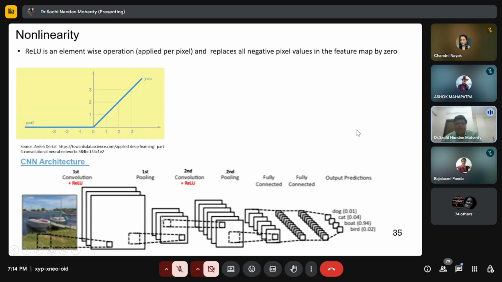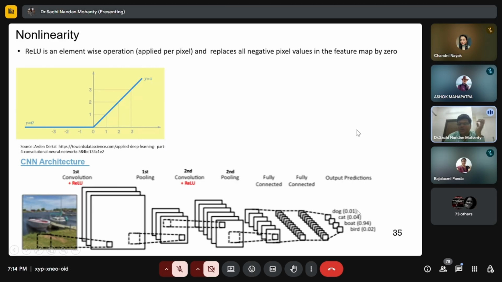Then finally, you apply the first pooling. I'll tell you what pooling is. Pooling is nothing but retrieving more information from the receptive field. And in the second convolution, you can put n number of convolutions. That depends upon how many convolution layers you define. If the number of convolution layers is more, the computational complexity will be high. And then the fully connected neural network finds the output.